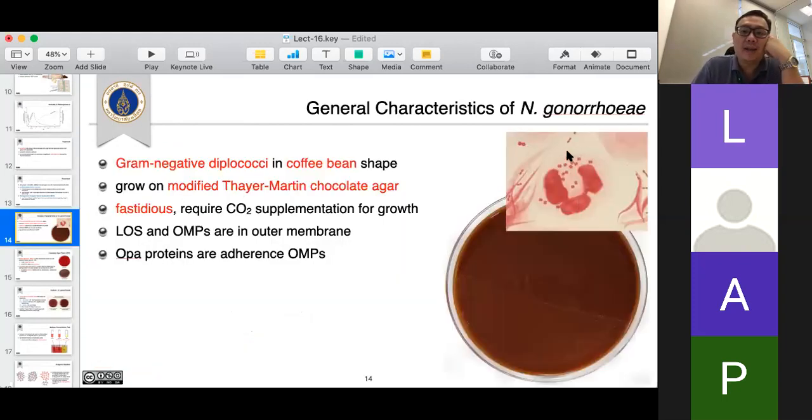If you detect Neisseria gonorrhoeae, you see diplococci in coffee bean shape inside cells, because white blood cells eat it. Neisseria gonorrhoeae is an intracellular bacterium. They grow inside cells, not outside the cells. Otherwise, this is not Neisseria gonorrhoeae.